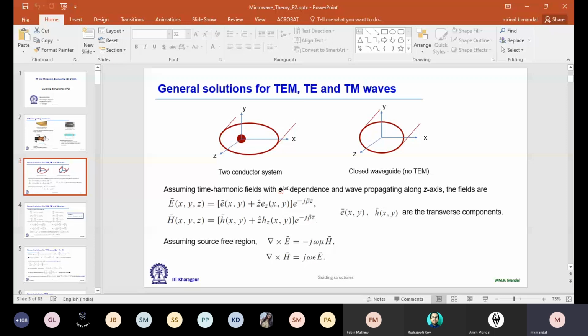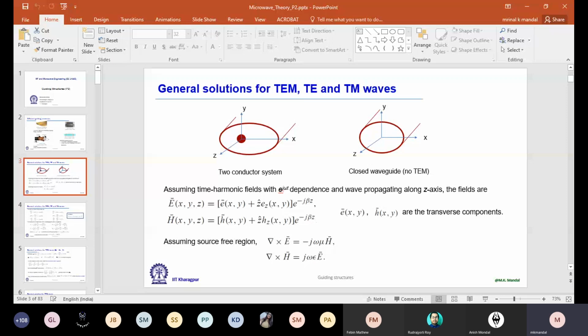One part he is calling the transverse component. If the wave propagates in the z direction, then the transverse components are the x directed component and the y directed component. These values he is representing by e vector, which is a function of x, y, and by e bar.